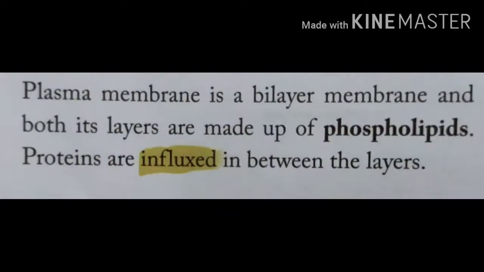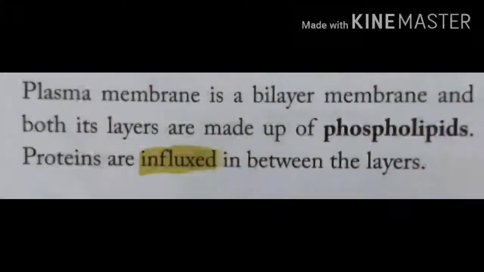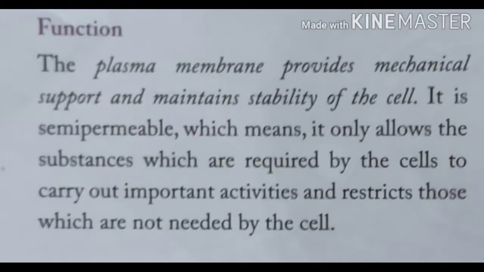Then this plasma membrane is a bilayer membrane, and both these layers are made up of phospholipids. Two layers are there in plasma membrane. Then the functions of plasma membrane.